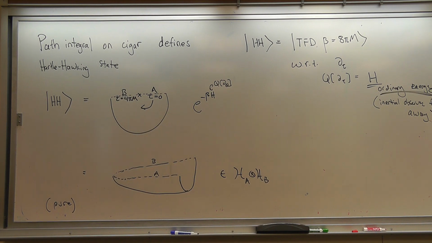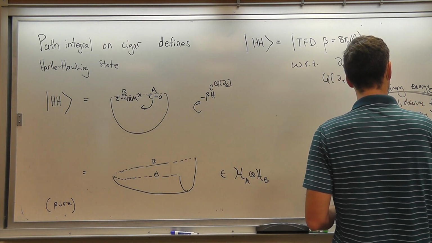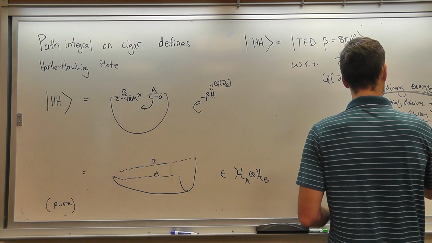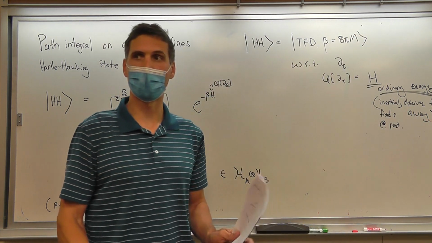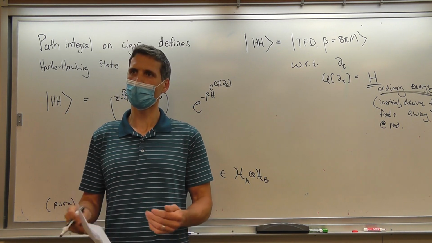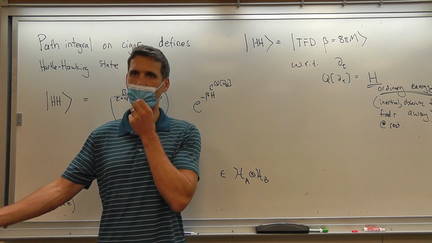By inertial, I really mean fixed r, because in Schwarzschild coordinates, fixed r when r is large is at rest.